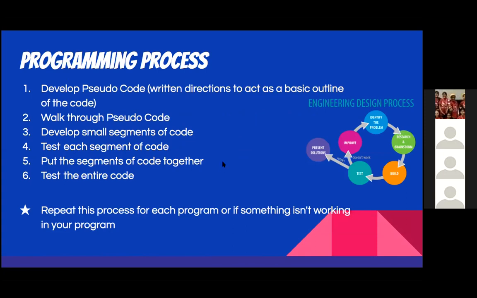Then you put all of those segments together and you test the entire thing. Repeat this process for each program, or if something isn't working in your program, then you can repeat it too, because this is going to work every time. This is one of the many examples of the engineering design process. So you guys can use the engineering design process, it is very, very helpful in programming.